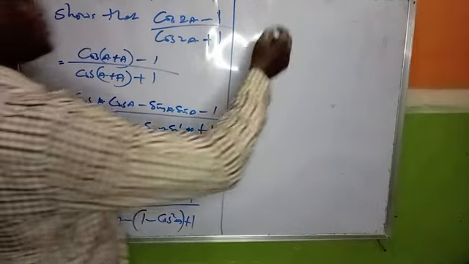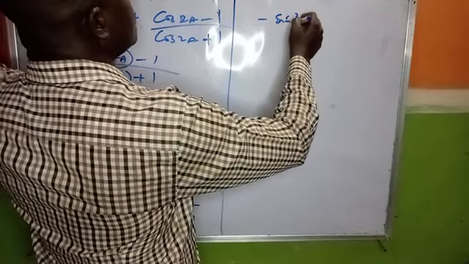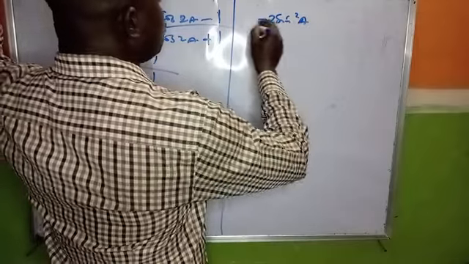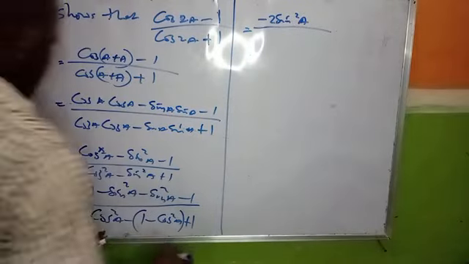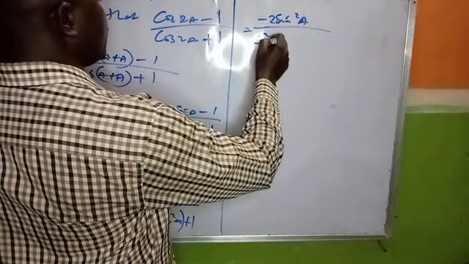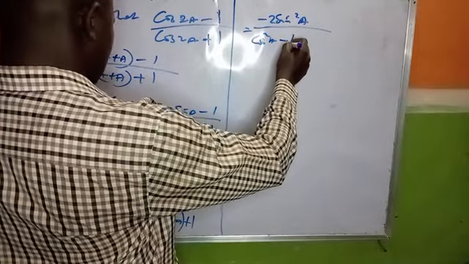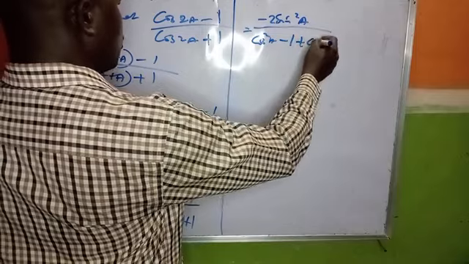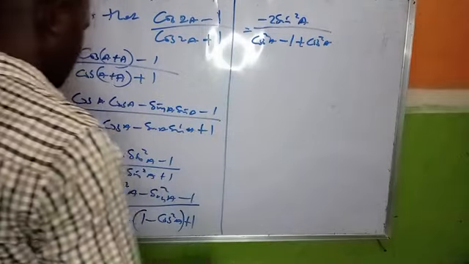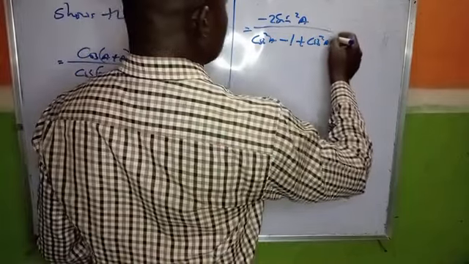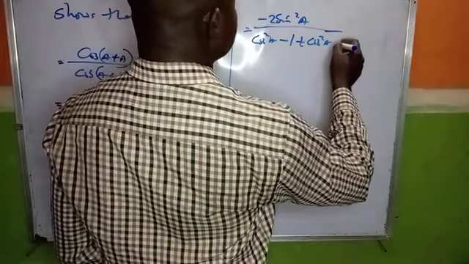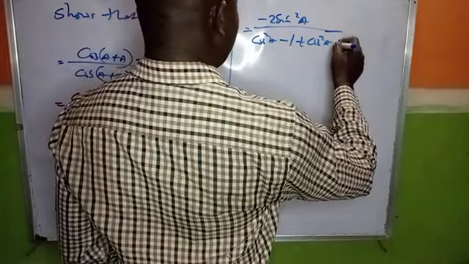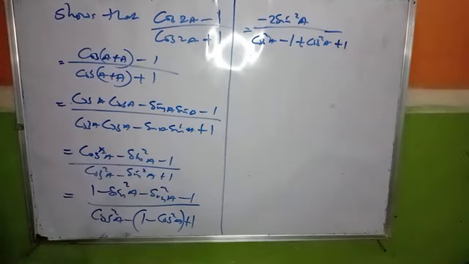Minus this, you will have minus sine square A. Again, for this, you open the brackets, cos square A minus 1 plus cos square A plus 1. So that's it.